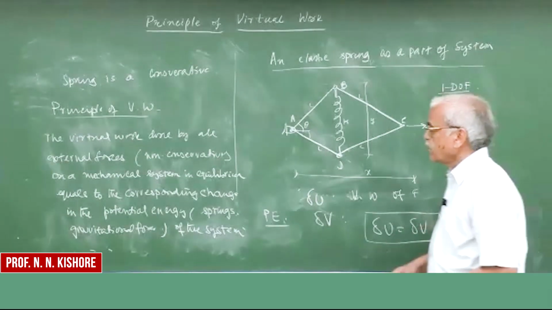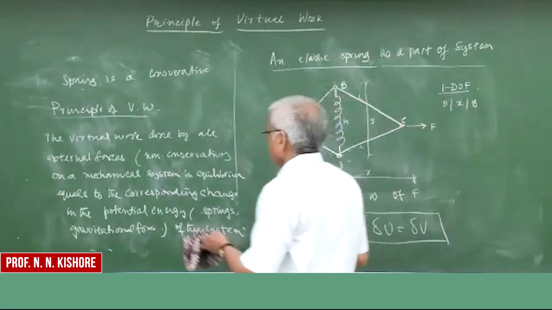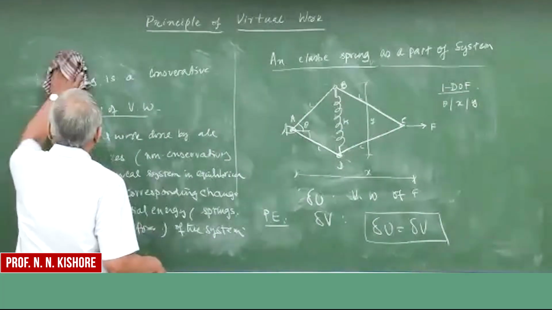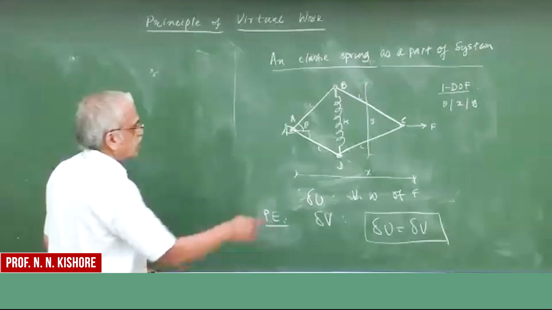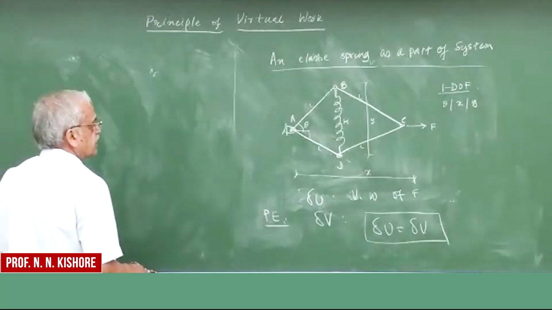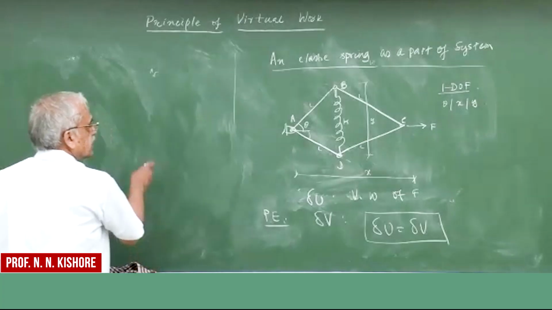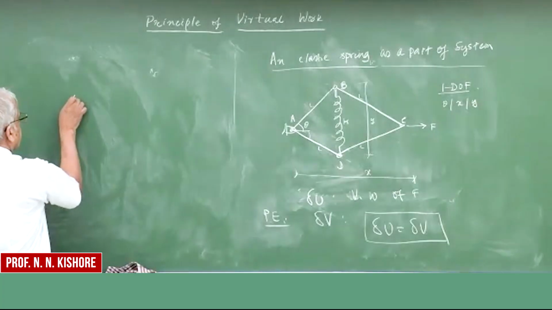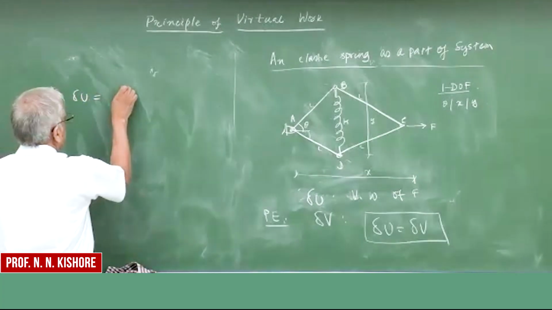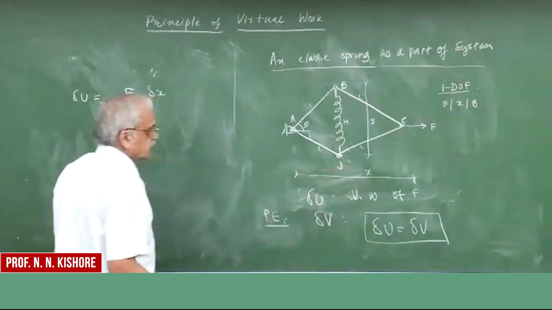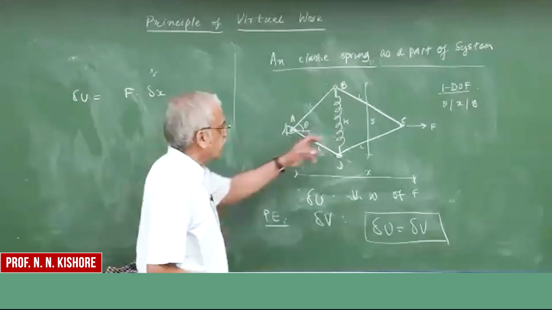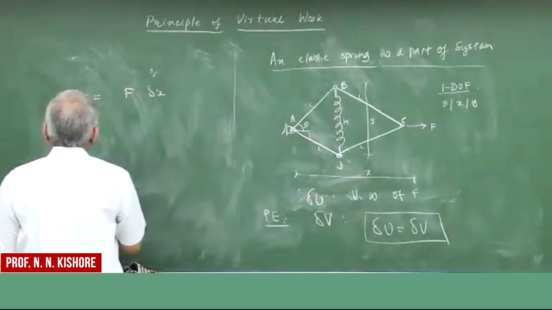So how do we apply this to the example which we have here? It's simple. The virtual work is F times, let us say this is X, and what about the change in potential energy?